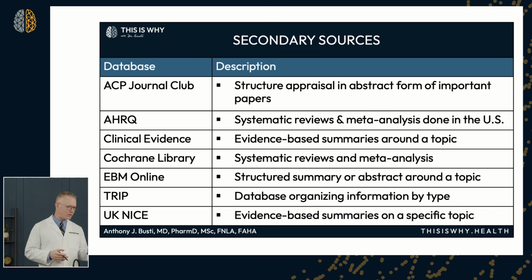So ACP journal clubs, AHRQ, sources like Clinical Evidence, the TRIP database, UK NICE, EBM Online, Cochrane Library, all of these are pulling together original data and formats and summarizing it in ways that make it more digestible.